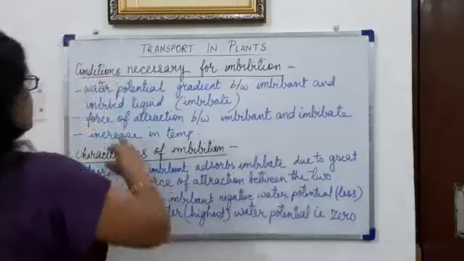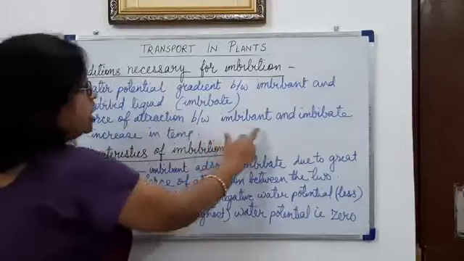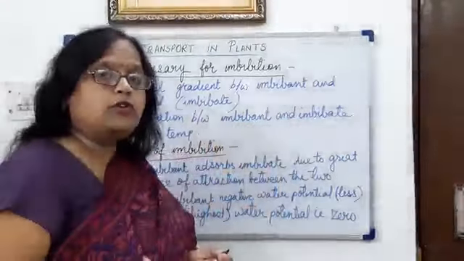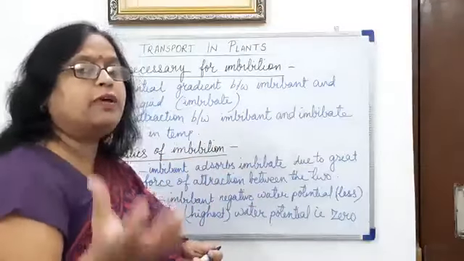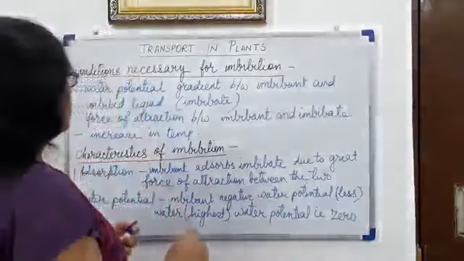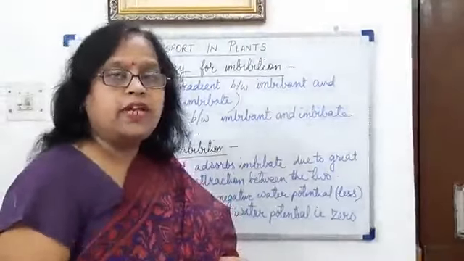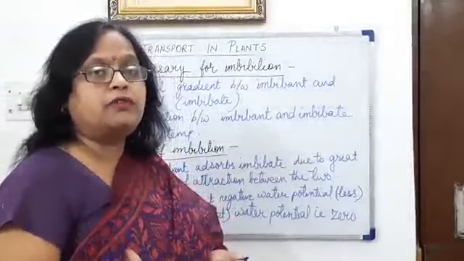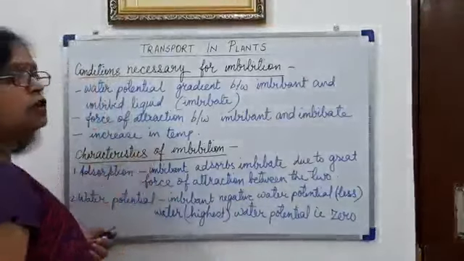Another condition is a force of attraction between imbibant and imbibate, so that the water gets attracted towards the imbibant. Then there should be an increase in temperature; if the temperature is more, then the imbibition will be more.